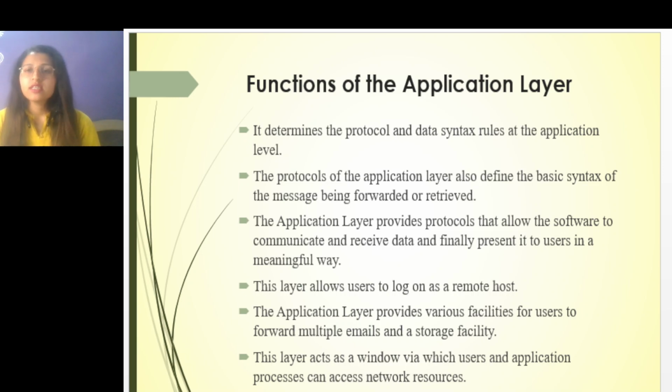The application layer provides the protocols that allow the software to communicate and receive data and present it to the user in a meaningful way. It allows for remote login. It allows for email access and storage facility. And this layer acts as a window via which the user and application can access the network resources.